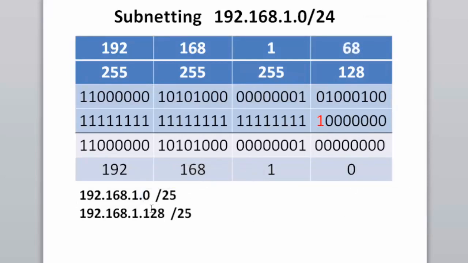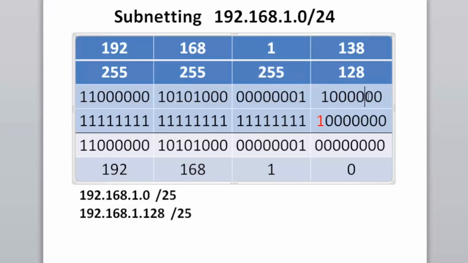This makes sense because the next subnet is 128. If we put in a host address larger than 128, we'll see if it falls in this subnetwork. So let's change it slightly. I'll change the host address to 138. I'll put a 0 here, so there's a 128 bit, I'll make this a 1, and I'll put a 1 here. So 128 plus 8 plus 2 is 138.